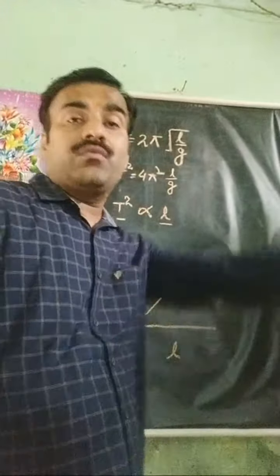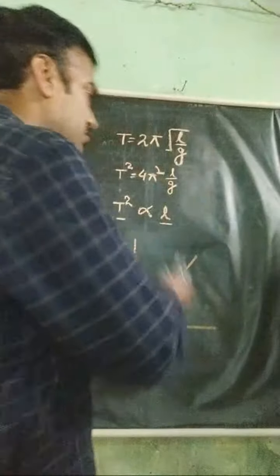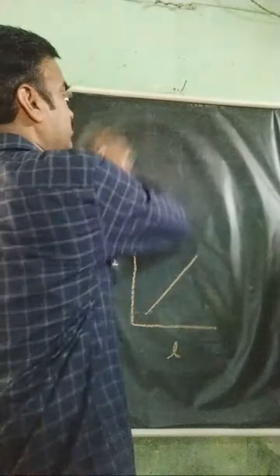The last topic of this chapter, measurement and experimentation, I'm going to explain. In the previous class there was not enough time because the next class was also going to start, so on that day I did not explain the topic of graph. Today is the last topic of this chapter. After that I will start the second chapter in the next class, but right now try to understand how we can define the graph.